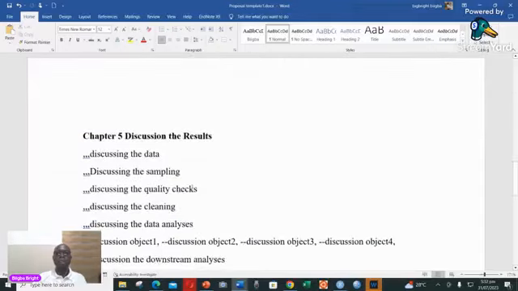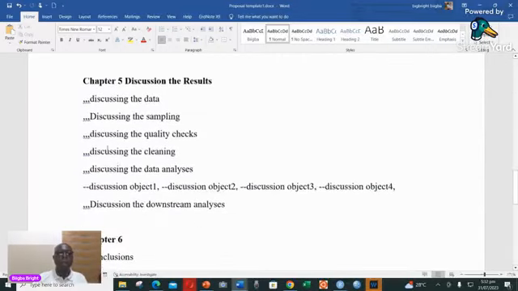Now when you go to your discussion, you also discuss them accordingly. You can have a brief discussion on the data, maybe. In the discussion, you are saying that you are not the only person who has done this kind of work. When you are discussing the results, you are comparing your results to what other people have done.